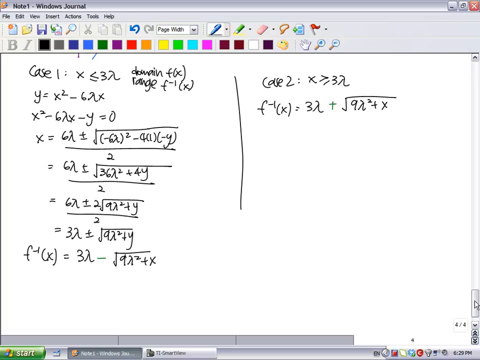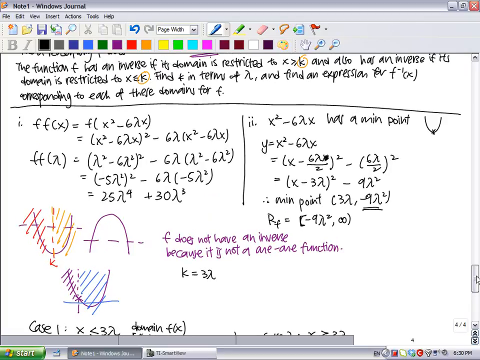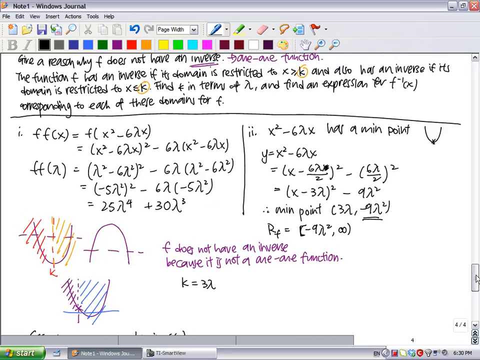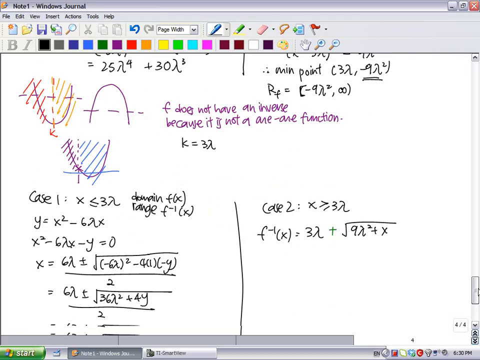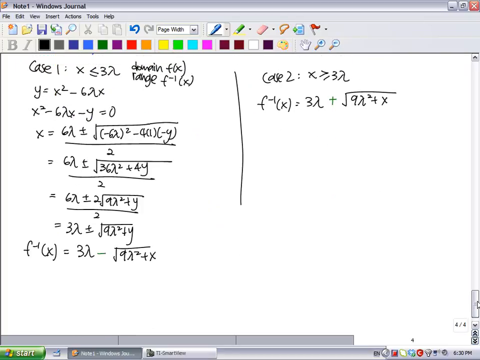Well, what else did the question ask us for? Corresponding to each of these domains, yes. So it's not complete because we haven't quite stated the domains yet. This will have been for x in negative 9 lambda squared to infinity, and the other one also similarly.